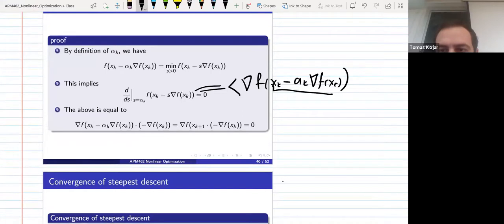Call this guy y. And then the vector here is x_k plus s minus the gradient of f. Call this guy v.